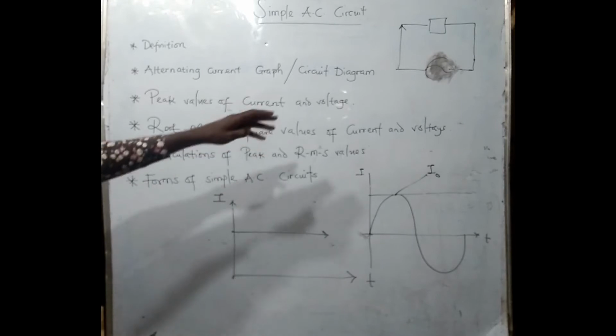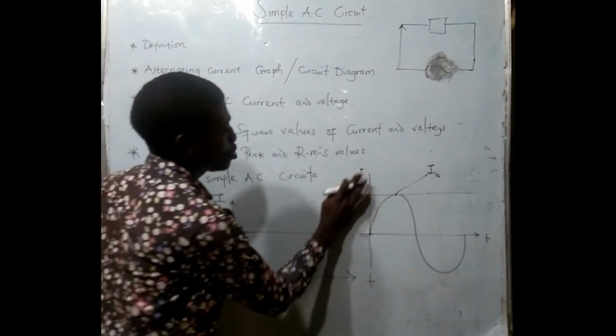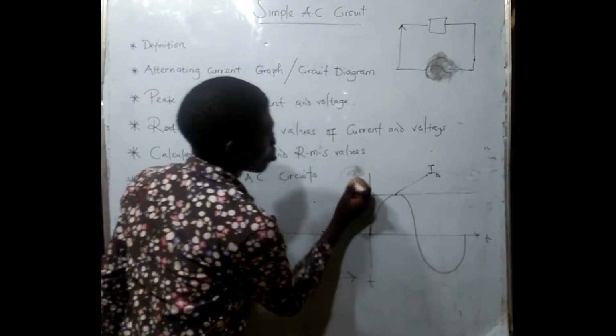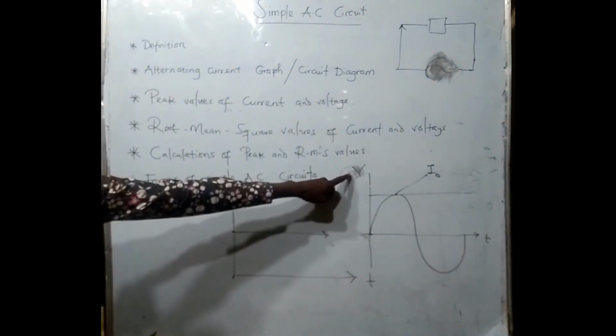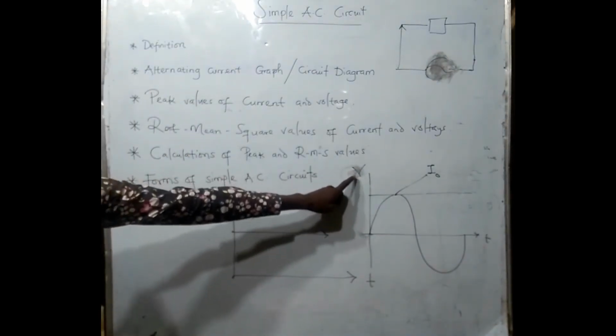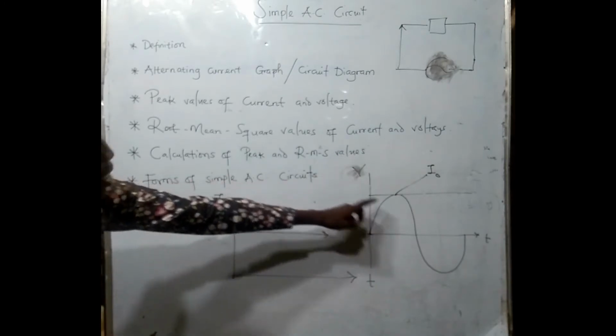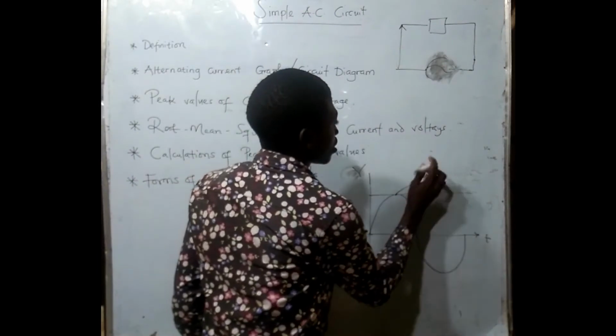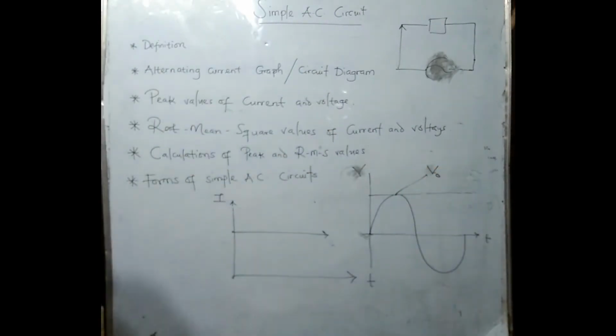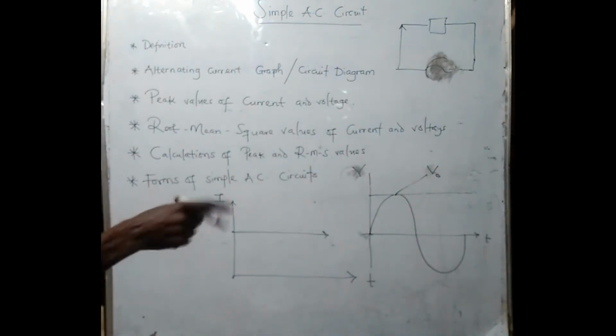If we want to consider our peak voltage, what we just need to alter here is our voltage, by plotting our graph of voltage against time. This way we have our peak voltage, that is the maximum voltage, just as we have it in the alternating form.